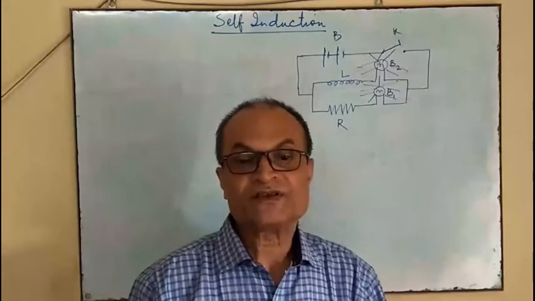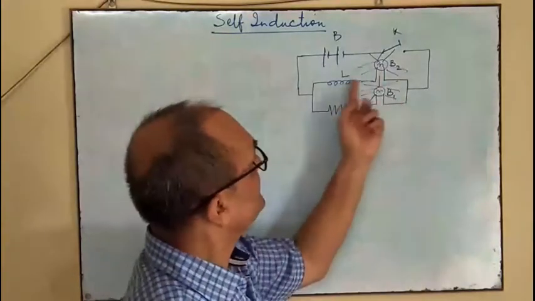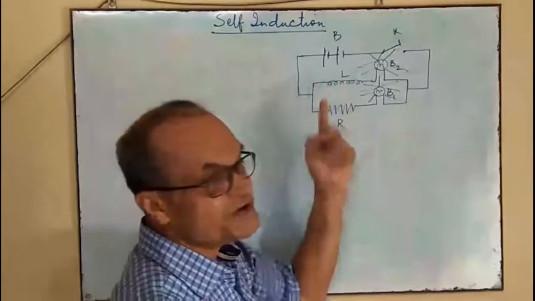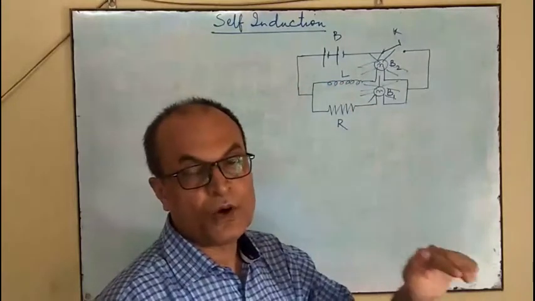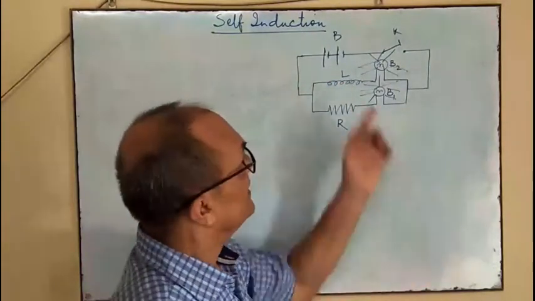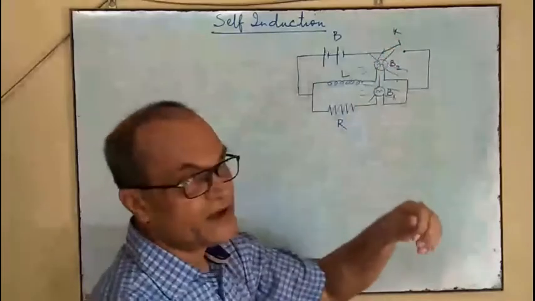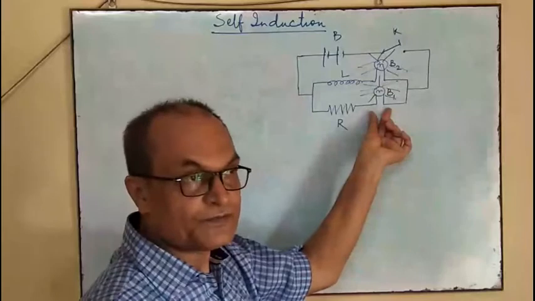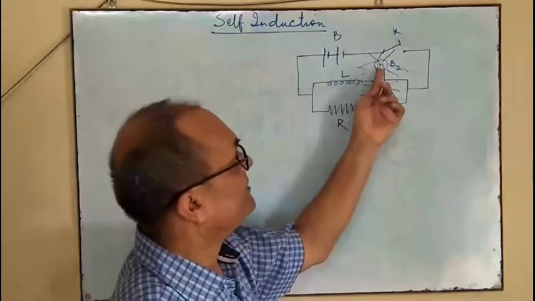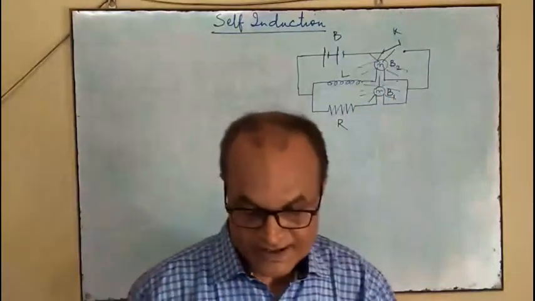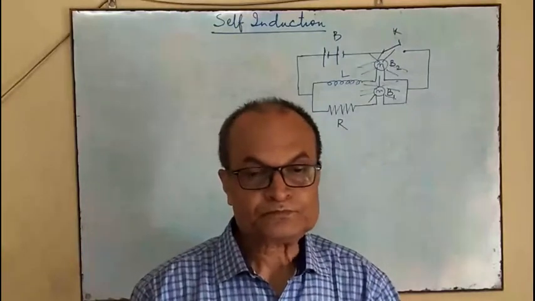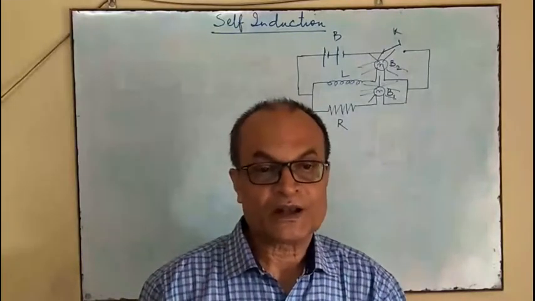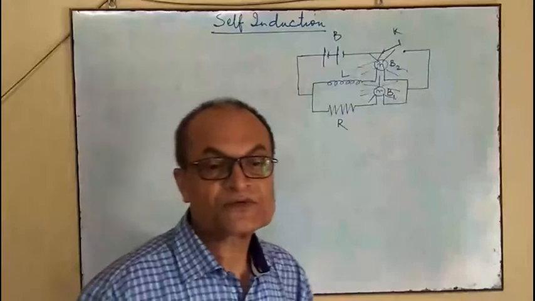This happens due to the inductor, which opposes the flow of current. Now when it is opened, one is put off quickly and the other gets delayed.